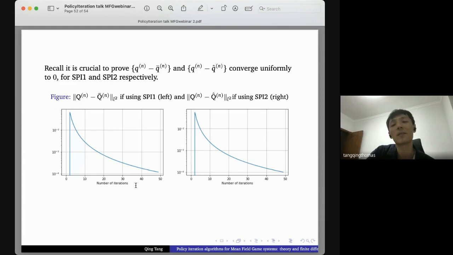The same thing with fictitious play. So what I'm drawing here is a picture of Q and Q bar n going close, or Qn and Q hat n going close, for SPI1 and SPI2. Maybe this is more convincing that the algorithm is actually converging to the correct solution.